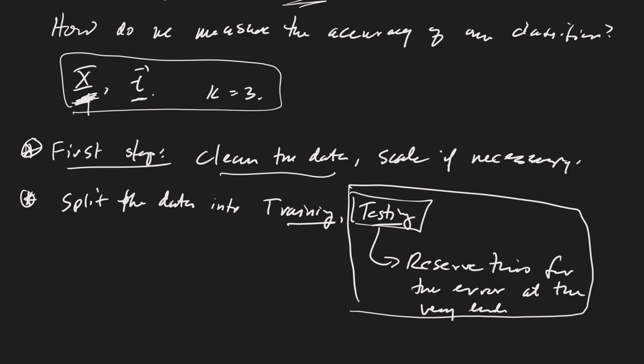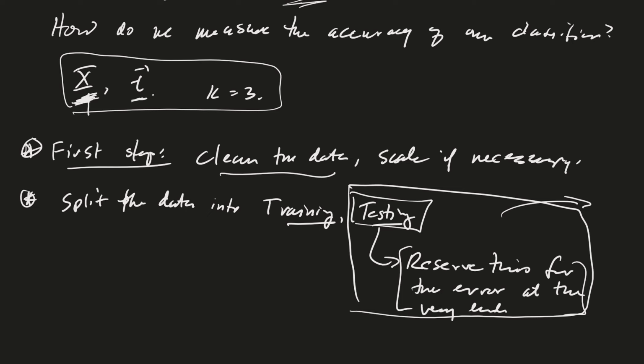You don't even want to look at your testing set. Just reserve it somewhere and don't look at it until the very end, so you can estimate the true error of your algorithm.